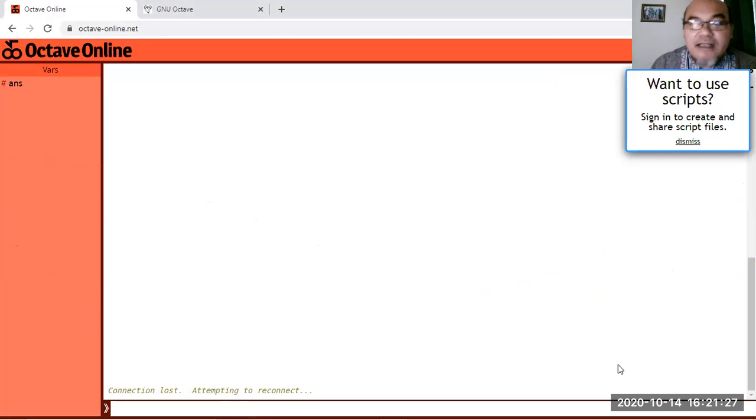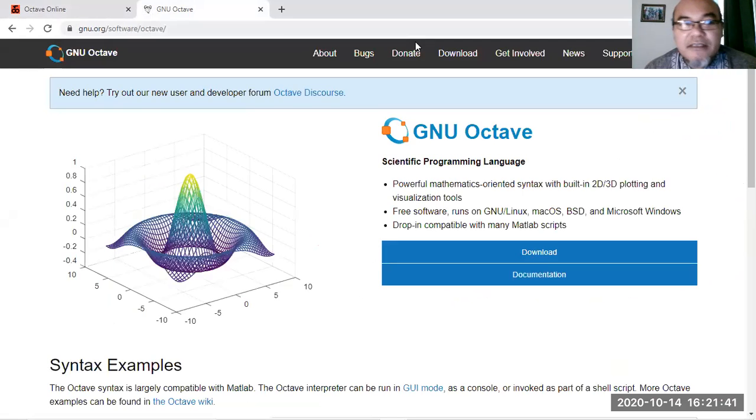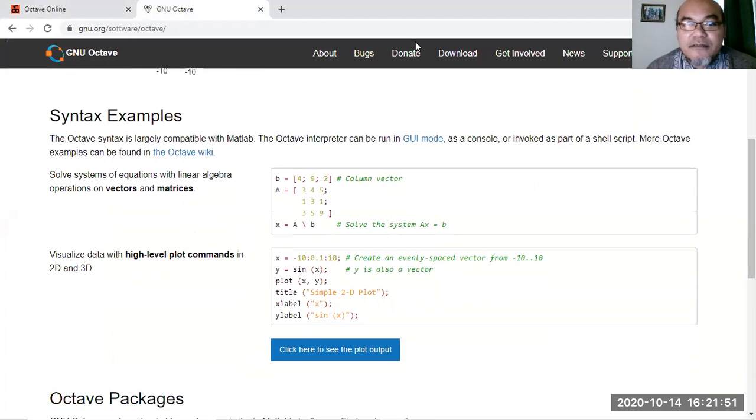Otherwise, if you want to do it offline, on your computer or laptop, then you can download a free version of Octave at octave.org or gnu.org/software/octave. You can download it here. You can also see the documentation and some examples.